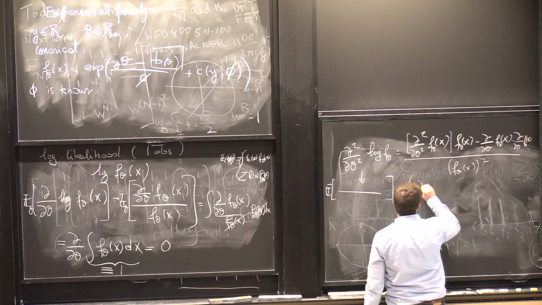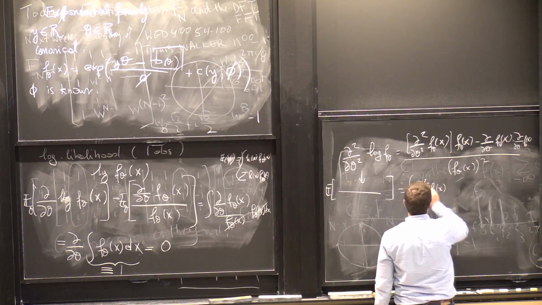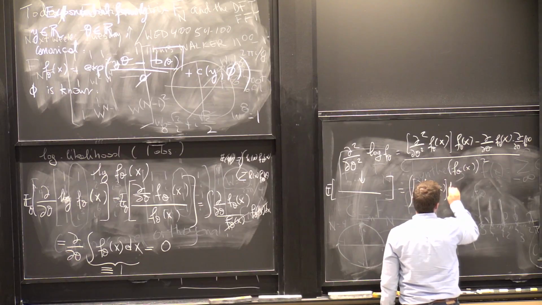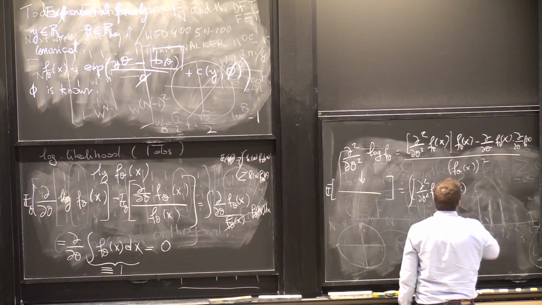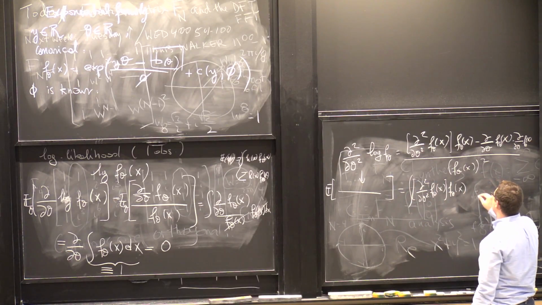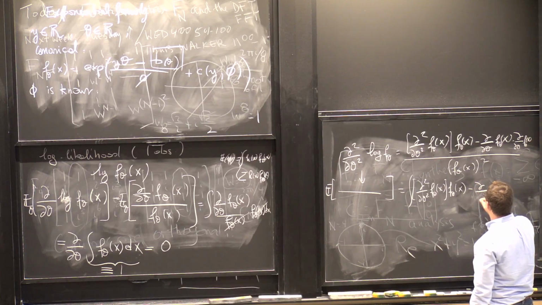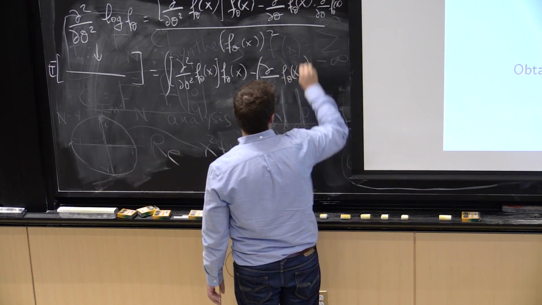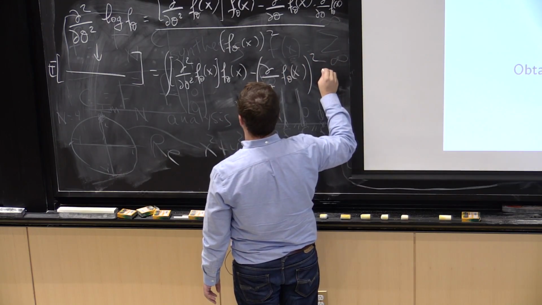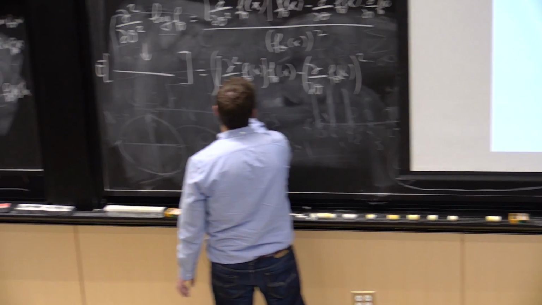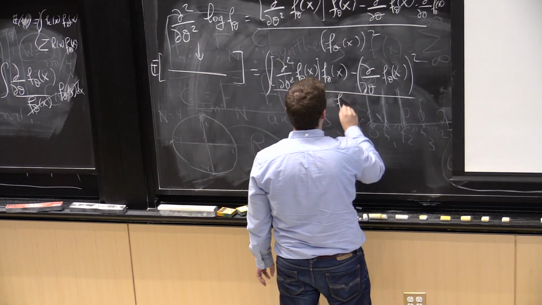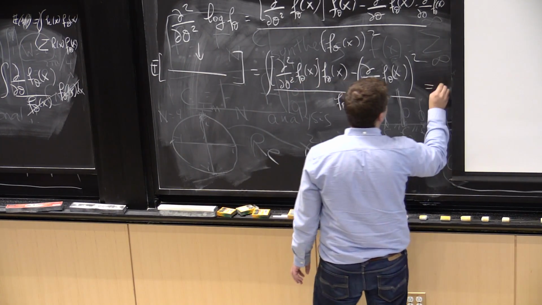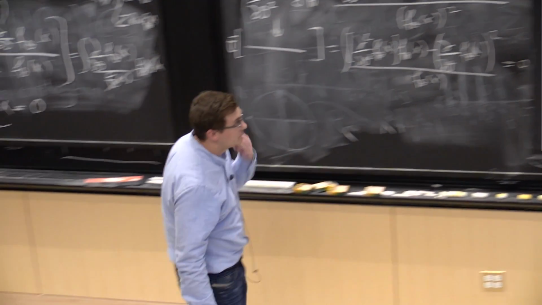So I'm going to get the second derivative minus the first derivative squared, and then divided by f theta. And I know that this thing is equal to 0.